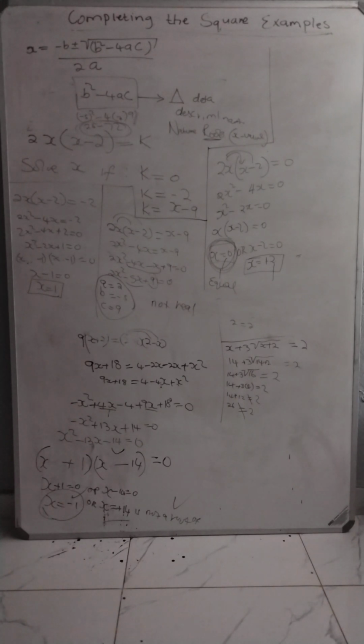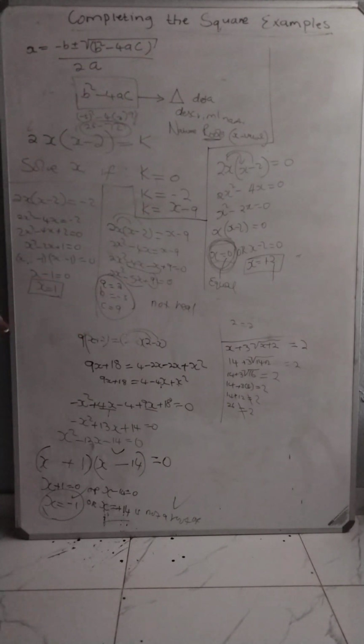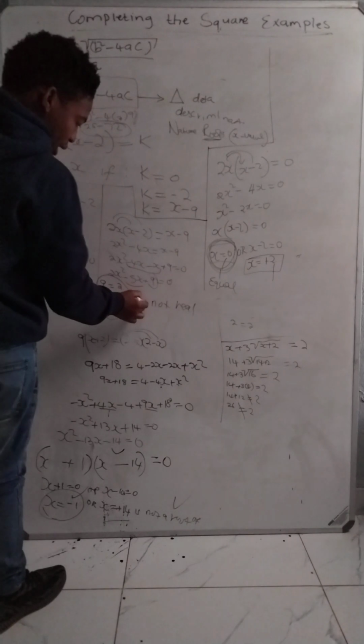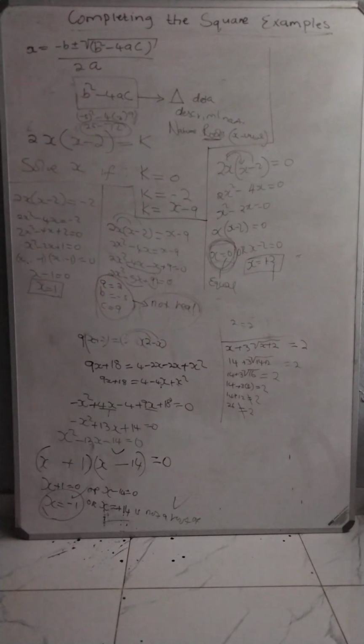And then if the discriminant is negative, then we say the roots are non-real. Like in this case where we have a negative under the square root. And in the case of no real roots, that is where you have a negative under your square root. You don't have real roots. Okay, so let's wrap it up like that.